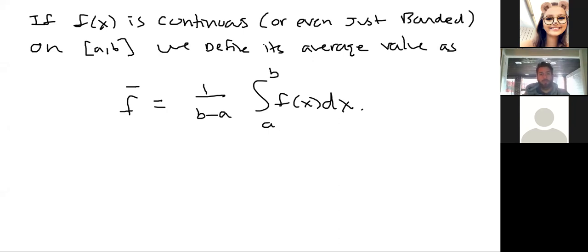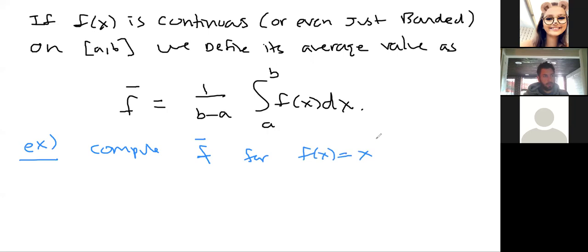So let's do an example real quick to see how this works. Let's compute f bar for f of x equals x squared on [0, 1].